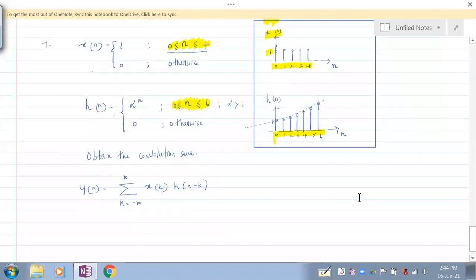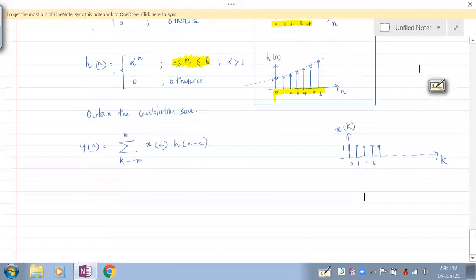So let's do that here first. X of k is just this, replacing n by k would give you x of k. See here, this is x of k, which ranges from 0 to 4. 0, 1, 2, 3, 4. So this is your x of k. Compare this x of n with x of k. There is no difference at all. Only difference is n has become k. That is the stationary signal.